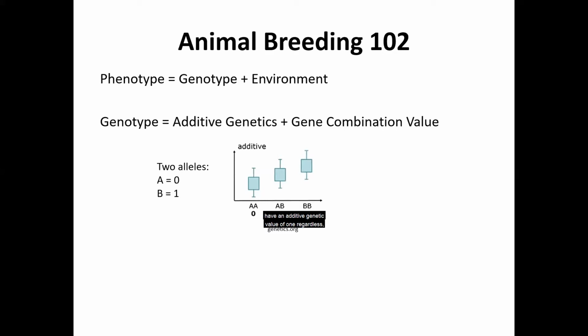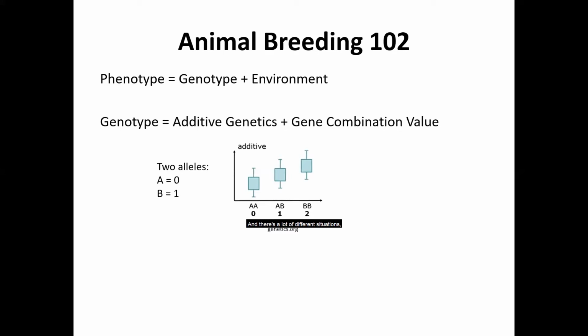Okay? Additive genetics says that AB genotypes have an additive genetic value of 1, regardless of whether they come from a mating of AB parent or AA by BB matings, or AB mated to AB animals. No matter how an AB animal is mated or produced, its additive genetic value is going to be 1.